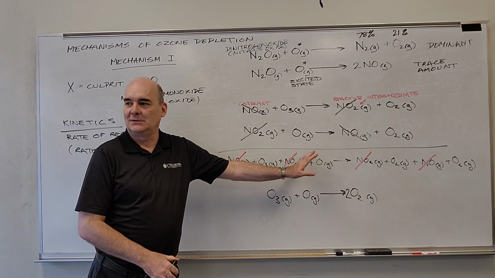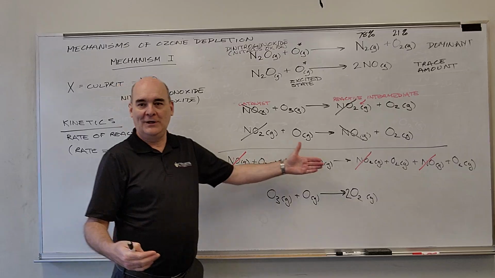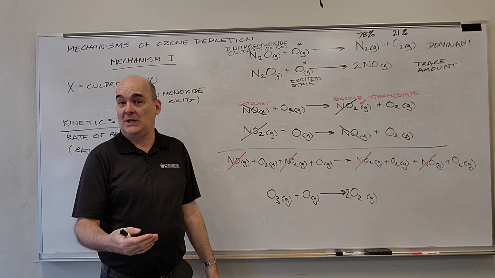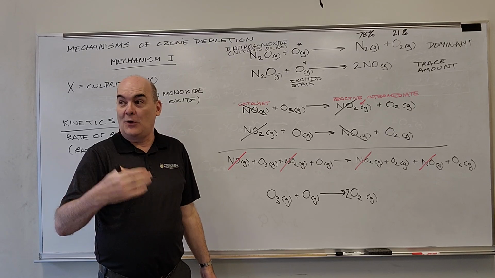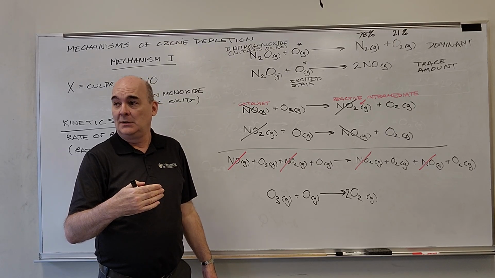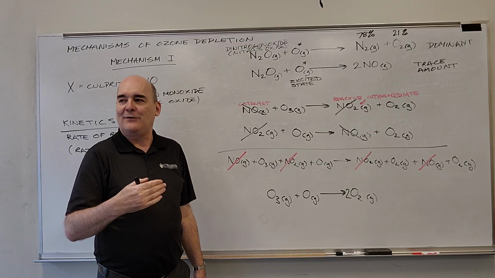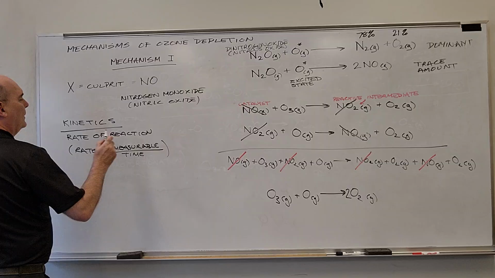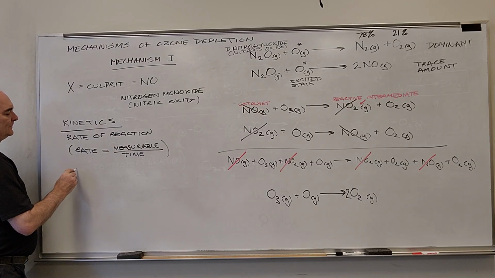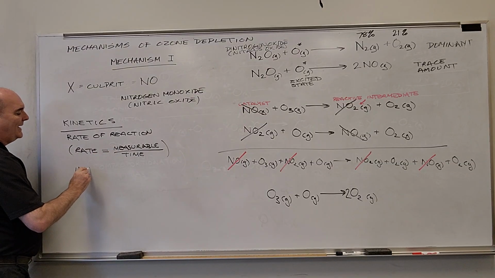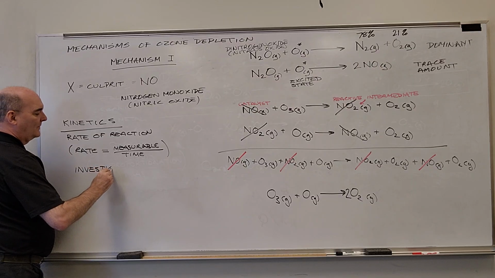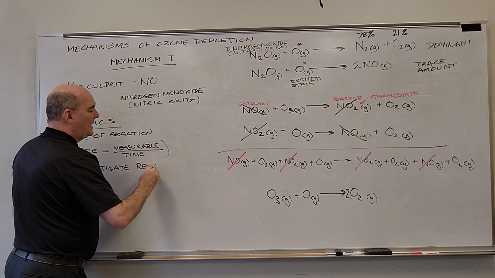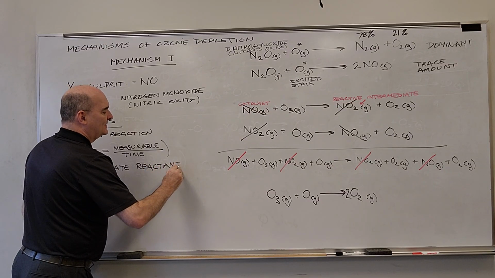The products, depending on your point of view, have already been made or haven't been made yet, is probably the better way of seeing it. The products don't have anything to say about the reaction speed because they have not been made yet. Okay. So when we do a kinetic study, we investigate that from the reactant side.